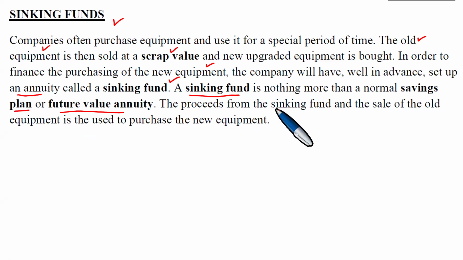The proceeds from the sinking fund and the sale of the old equipment is then used to purchase the new equipment. So we are dealing with sinking funds. And what is a sinking fund? A sinking fund is nothing more than a normal savings plan or a future value annuity.